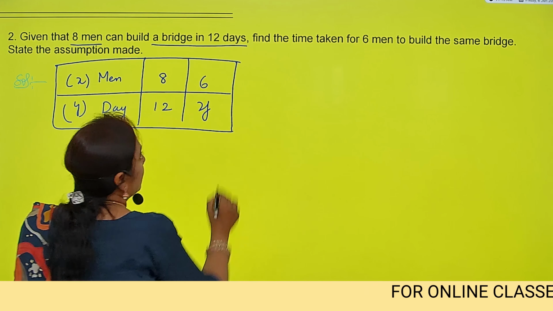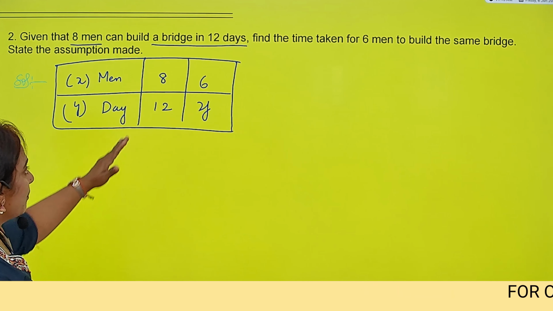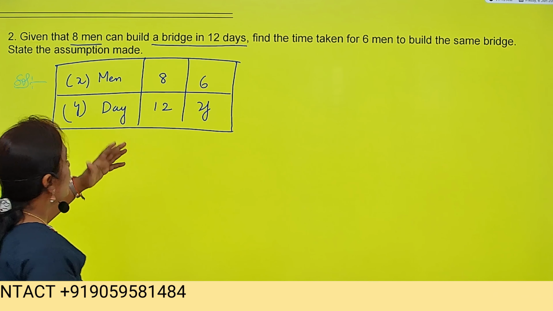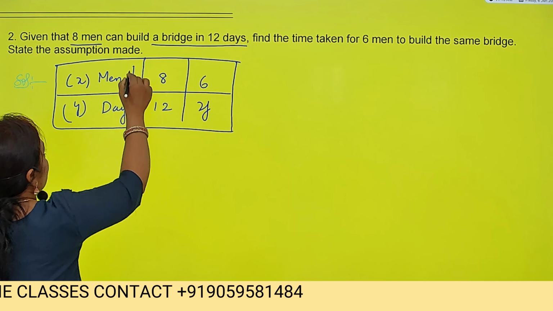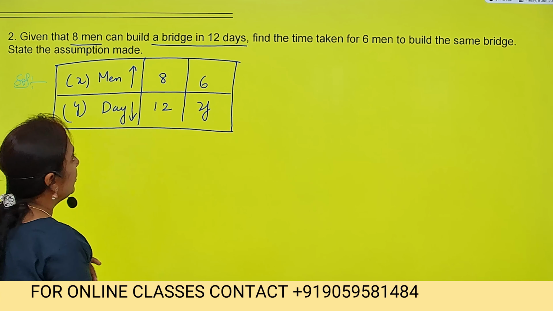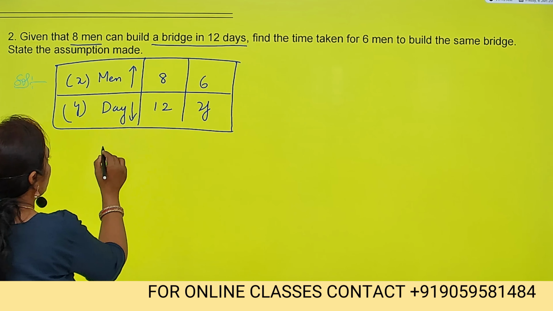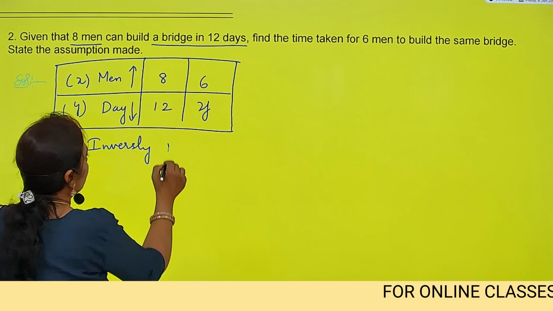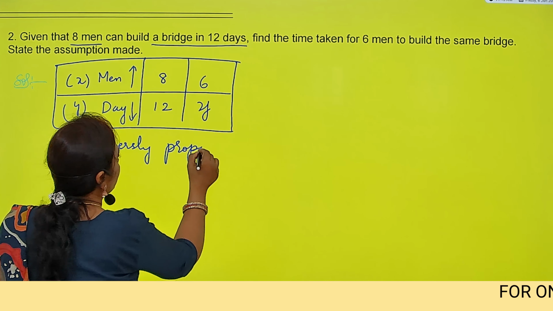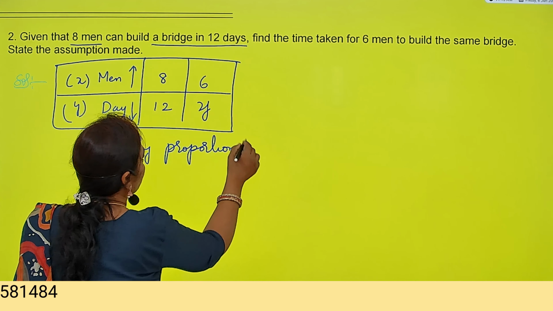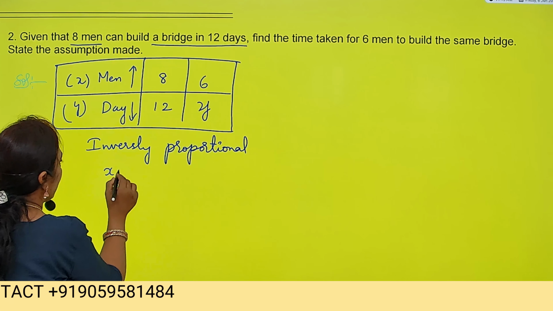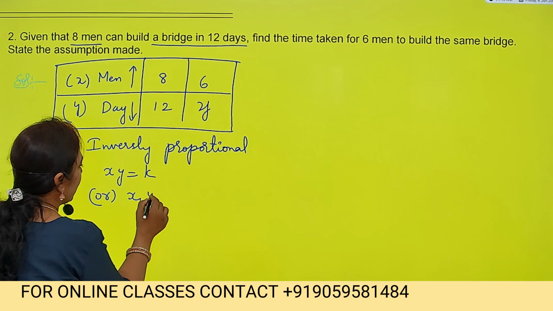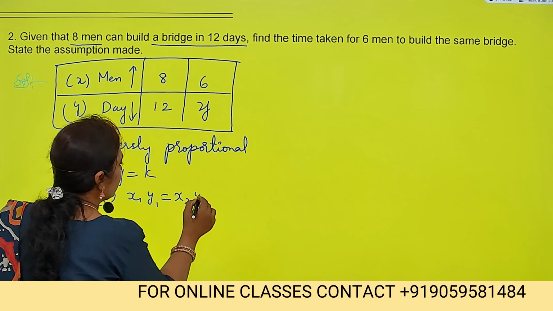Here the number of men decreases, so immediately it is in inverse proportion. If men increase, time decreases. We know that. So what is the relation for inverse proportion? The relation is xy is a constant, or x1 y1 equals x2 y2.